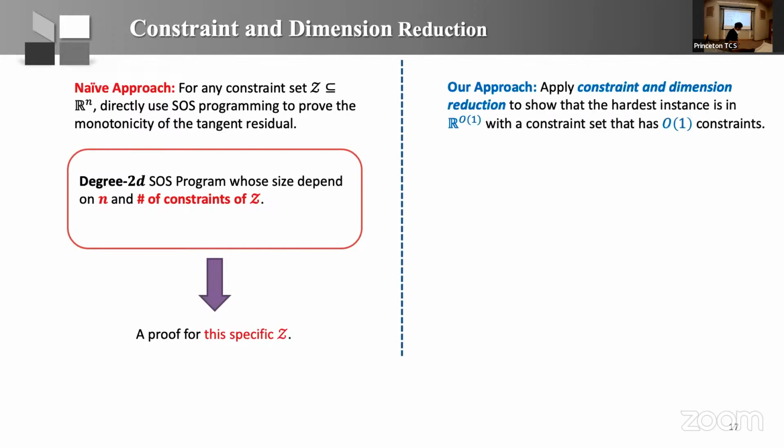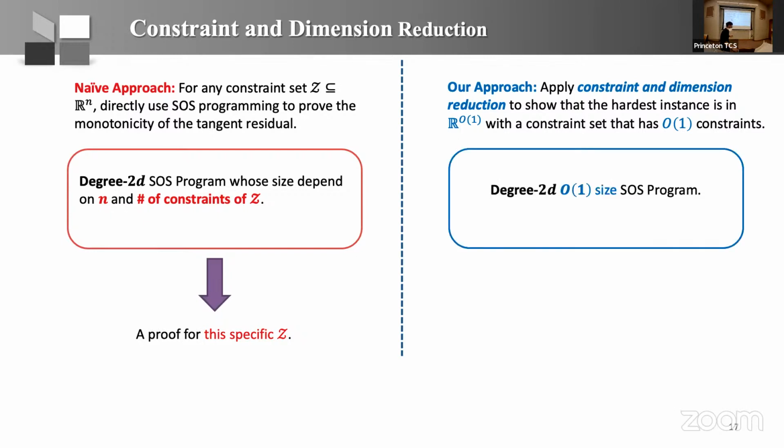And so here's what we did. We first did some reduction. We showed that the hardest instance for the potential function that we care about actually lives in a constant dimension space. And the constraint set also only has a constant number of constraints. Because of this reduction, now I only need to solve an SOS program of a constant size.